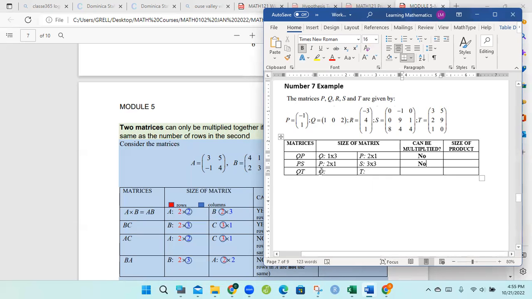Let's see if QT is possible. Q times T. Q is a 1 by 3: 1 row and 3 columns. T now is a 3 by 2: 3 rows and 2 columns.